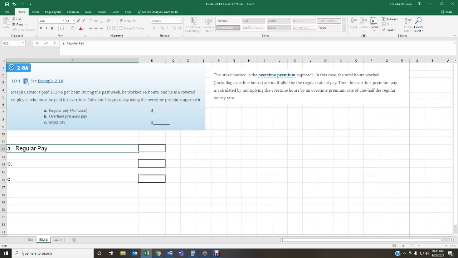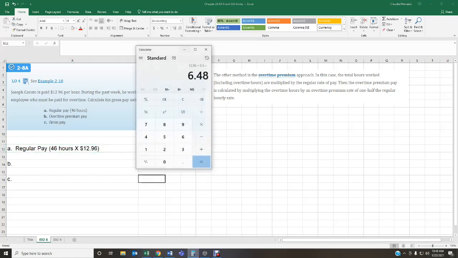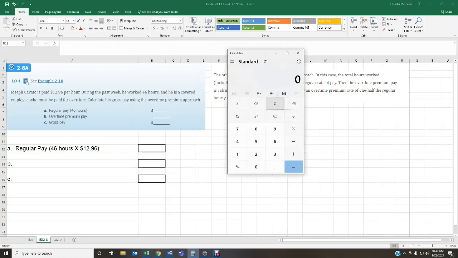That is going to be the total hours, which is 46 hours. That's how many hours he worked. Regular pay, 46 hours, and we're going to multiply that by the hourly rate of $12.96. Let me get my calculator out and see what we get. That's 46 hours times $12.96, which gives me $596.16.